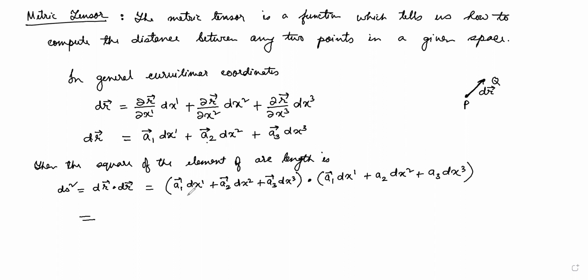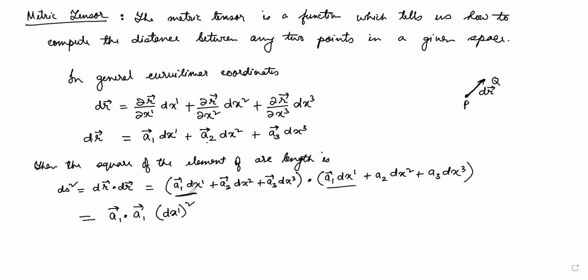If I take the dot product, first a1 dx¹ dot a1 dx¹. So what do we have here? a1 dot a1, and dx¹ whole squared.